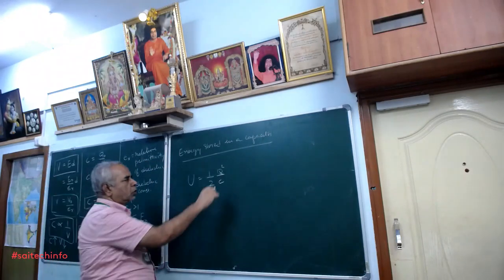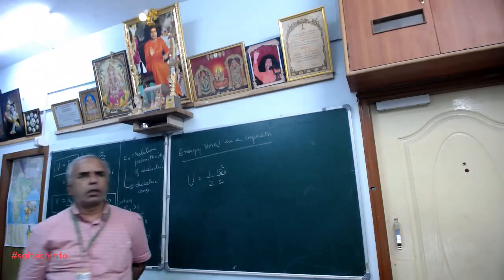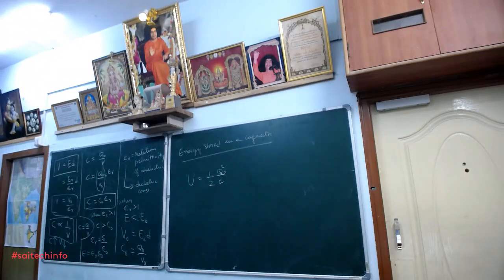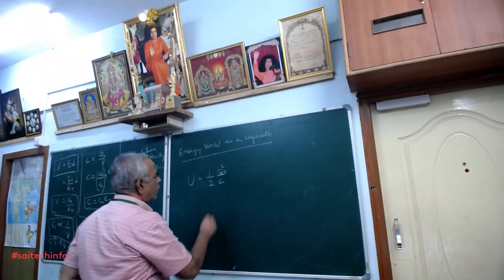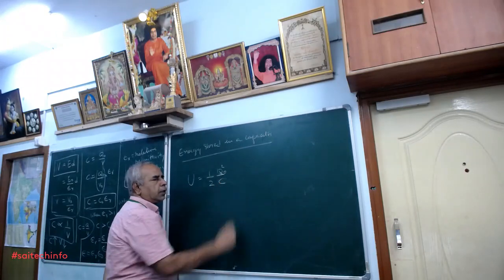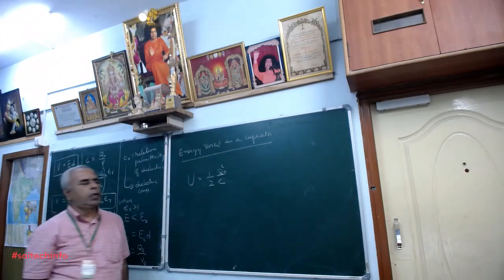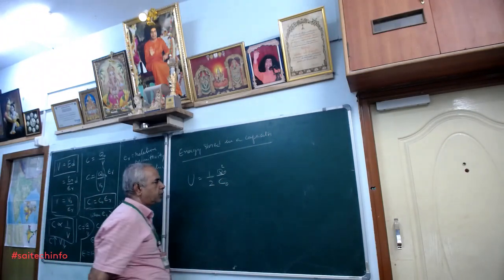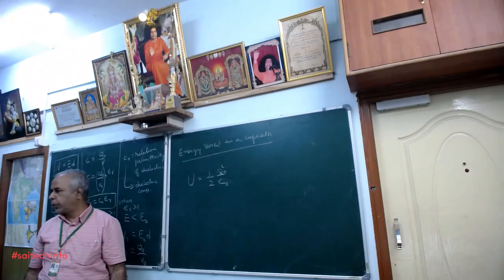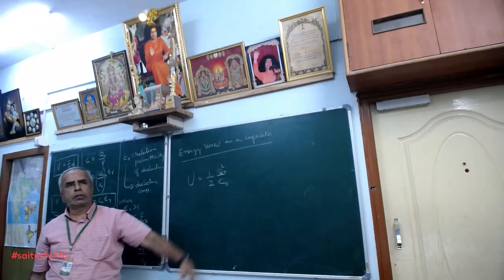What is this Q naught? The charge of the capacitor in the absence of dielectric, is it not? Without dielectric. And what about this C, the capacitance? You can put C naught because we are talking about without dielectric, the capacitance.